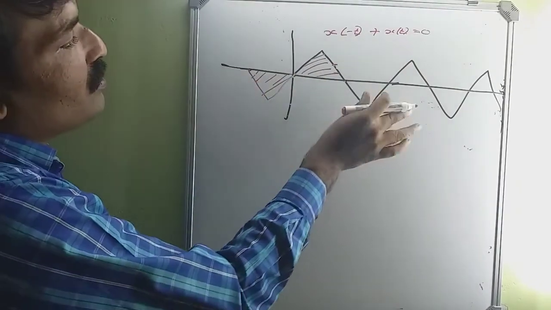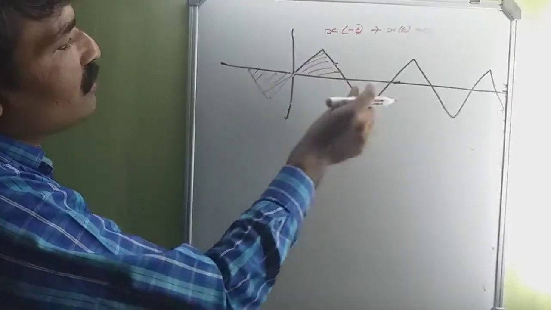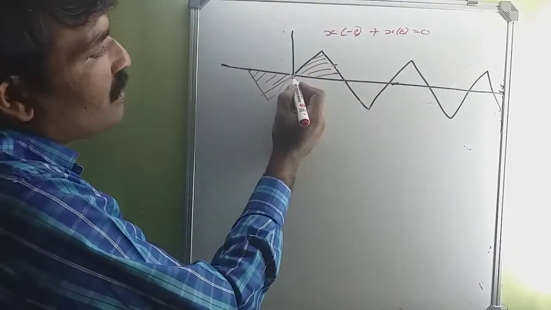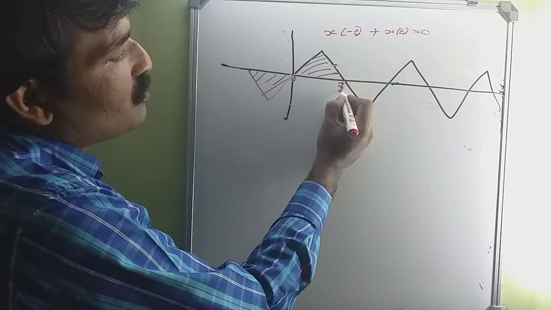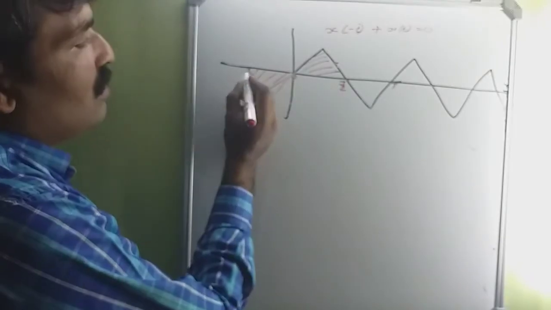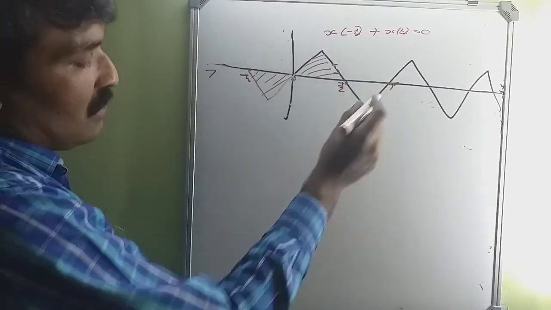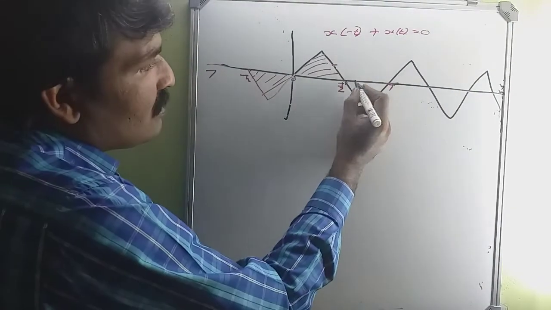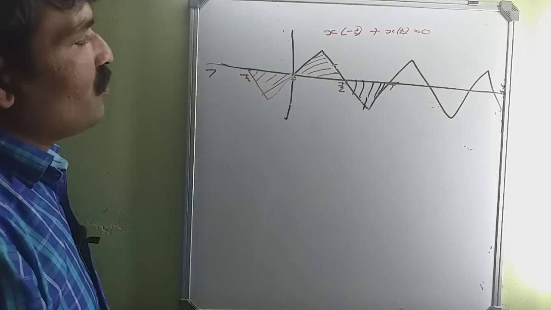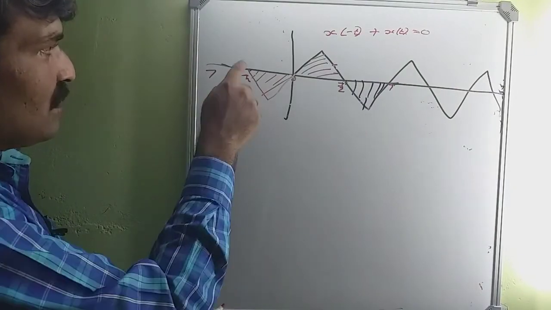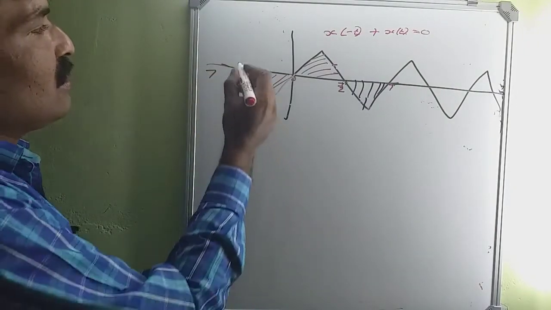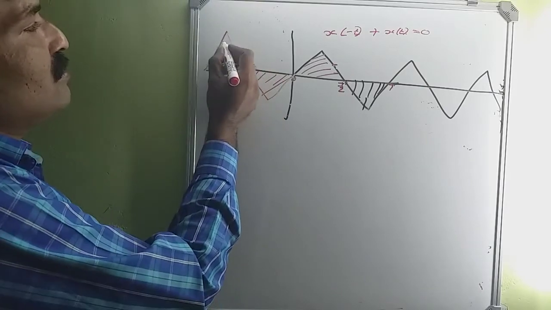Okay. Now for this duration of time, let this be 0, t by 2, t, and so on. This is minus t by 2, t. So during t by 2 to t, this is the graph. From minus t by 2 to t, the graph should be like this.